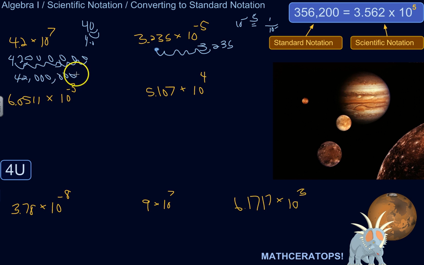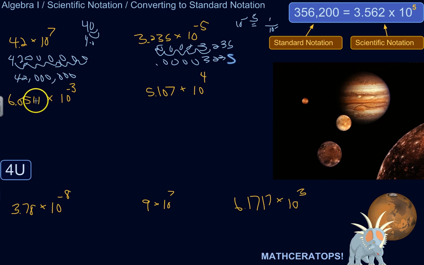Here I didn't need to write my decimal. Here I do. If I don't, it would be hard to tell what number it actually was. So let me rewrite that. I write the bumps like that just to keep track of how many zeros I need to put in. So this is 0.00003235.